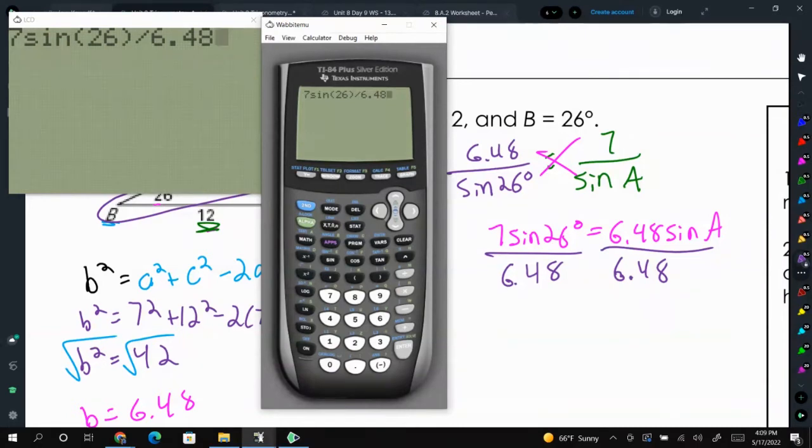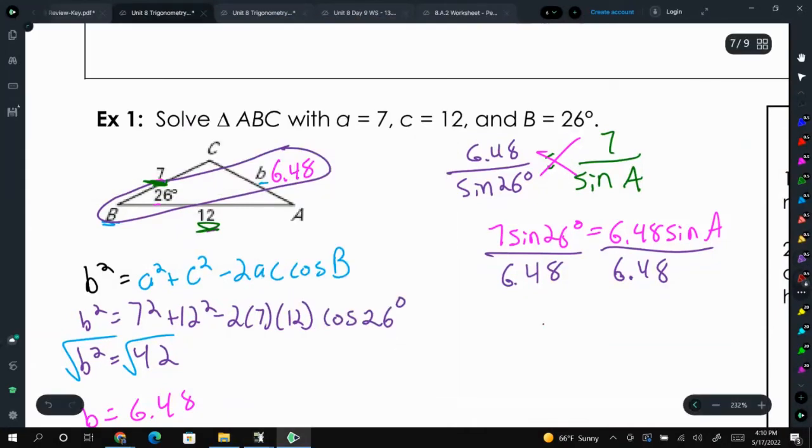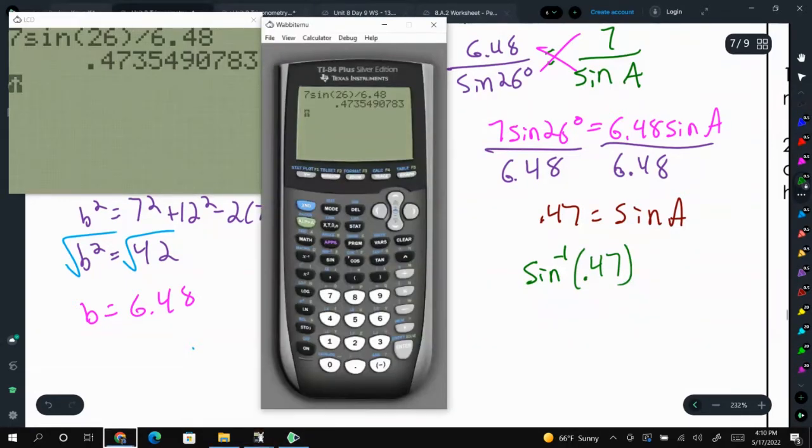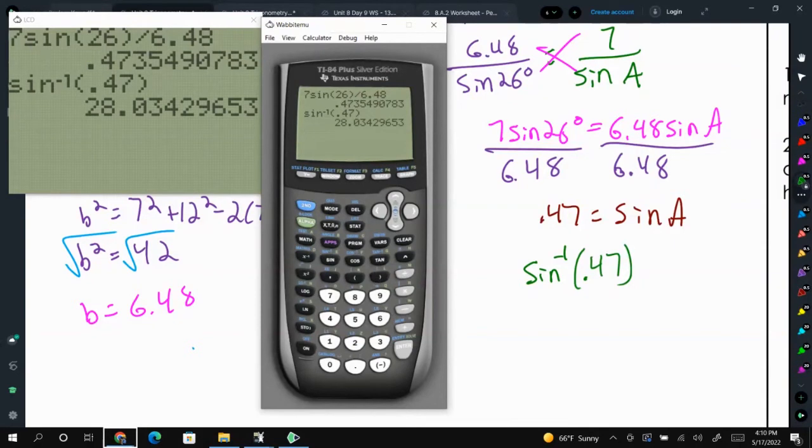You must remember to close those parentheses. And we get 0.473, so 0.47. That's not the angle measurement, that's what the sine is. So then we do the inverse sine of 0.47, and that gives us 28.03 degrees.